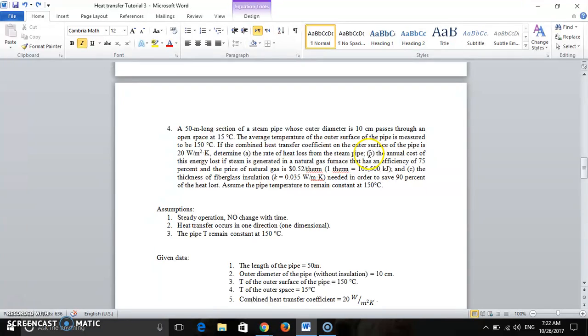For the second part of the question, it states that we need to estimate the annual cost of energy if the steam is generated in a natural gas furnace that has an efficiency of 75%, and the price for natural gas is $0.52 per therm, and this is equal to 105,500 kilojoules.